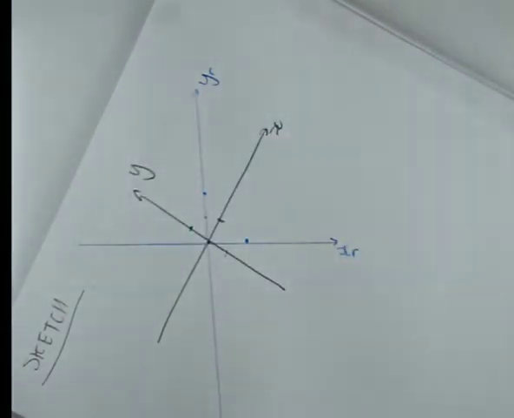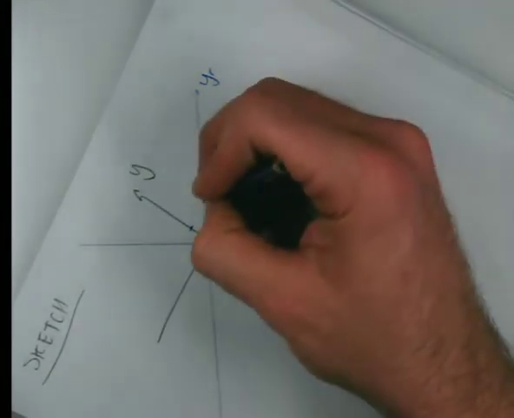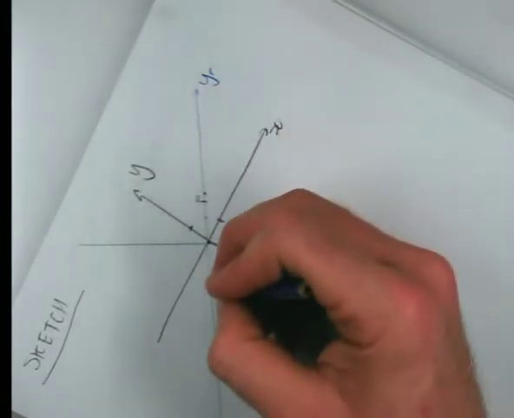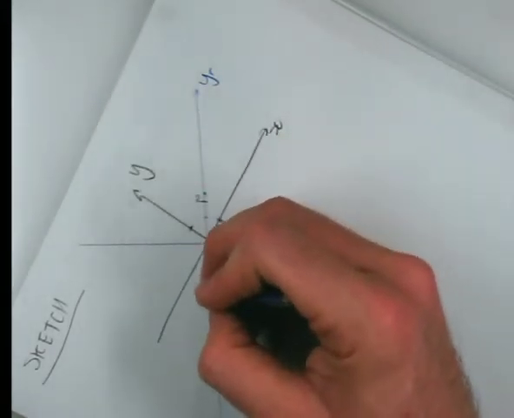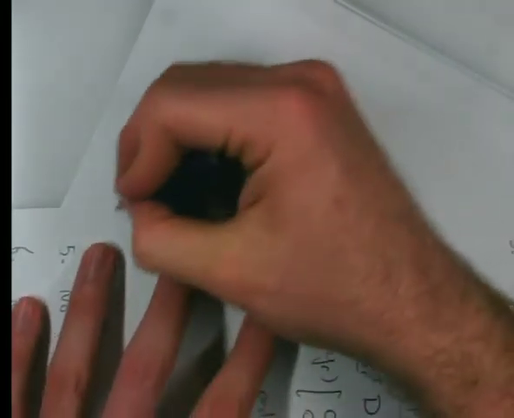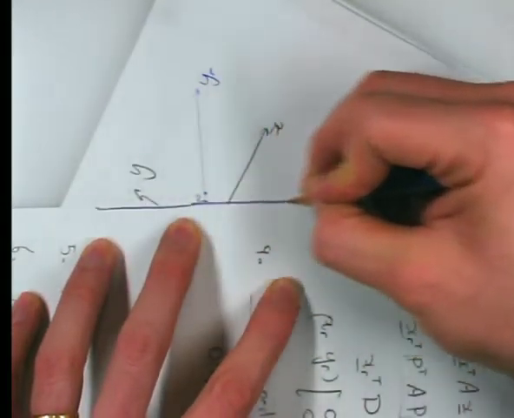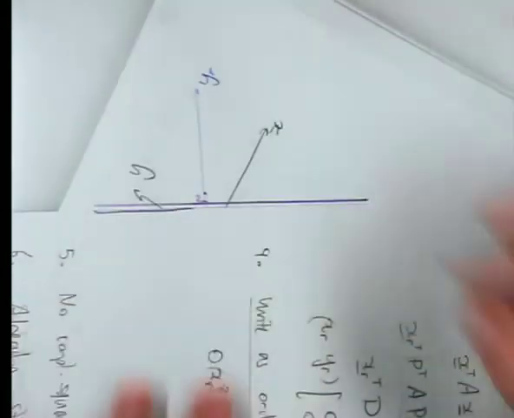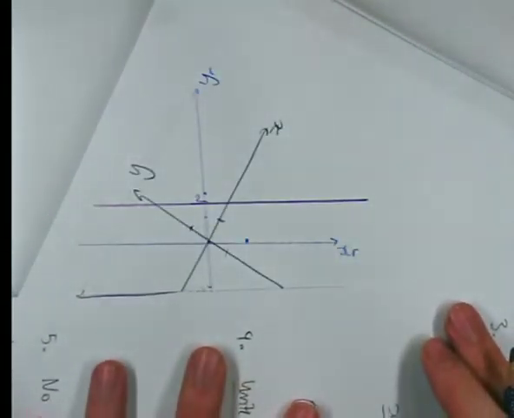Can't be sure, but it looks about right. But that's okay, I just need to mark roughly where 2 is. So this is 2 on the y_R axis and minus 2 on the y_R axis. And then y equals plus 2 is this, and y equals minus 2 is this.